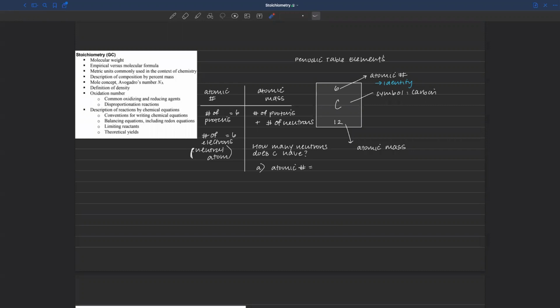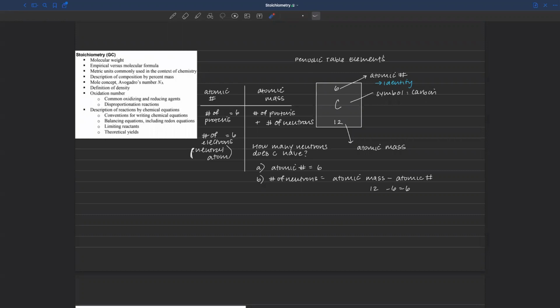So how many protons do you have? Using the atomic number, it would just be 6. So remember that your atomic mass, 12, is protons plus neutrons. So how many neutrons do you have? It would just be your atomic number subtracted from your atomic mass. So 12 minus 6 is 6, like that. And then you're pretty much good to go.